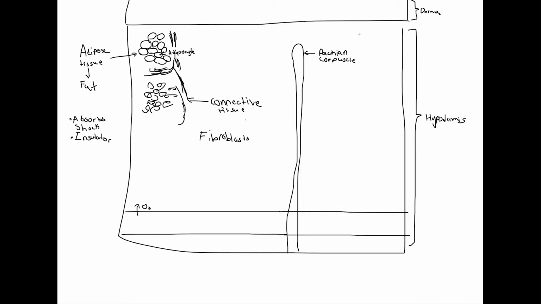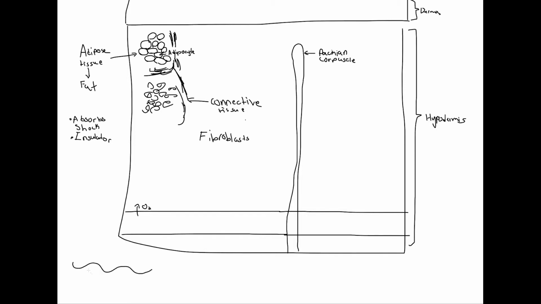So hairs can be in the dermis and also the hypodermis. And if you remember from last video, or the dermis videos, I said that the junction between the dermis and epidermis comes down whenever there's a hair. So I'll draw it over here.